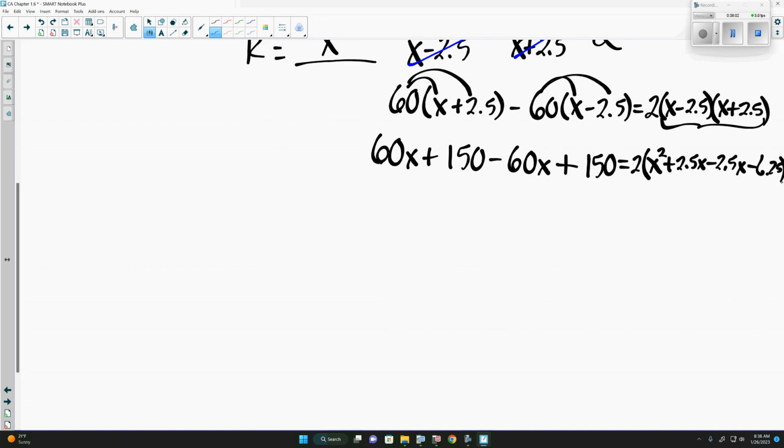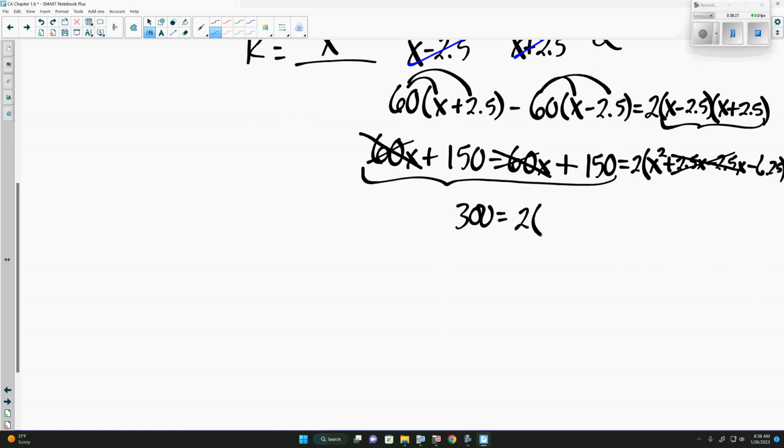Questions on this so far? Now over here, the 2.5x and negative 2.5x will cancel. On the other side here, we do have some things that'll simplify. The negative 60x and 60x will cancel. And 150 plus 150 is 300.